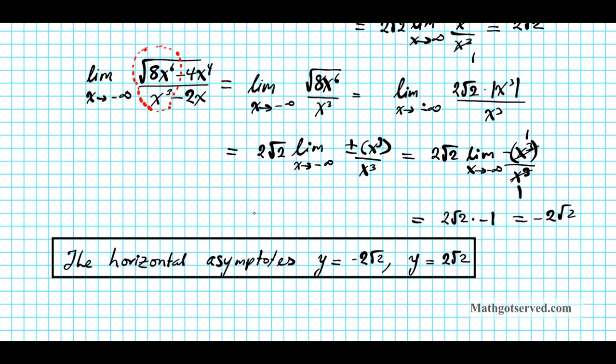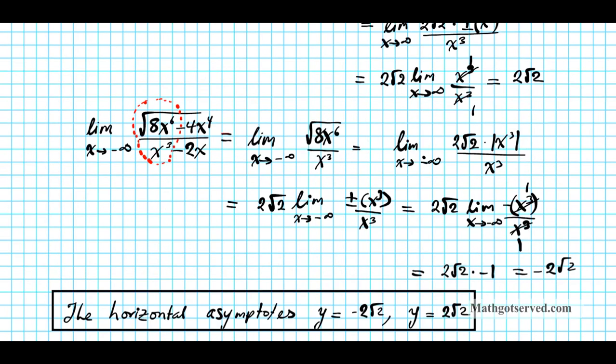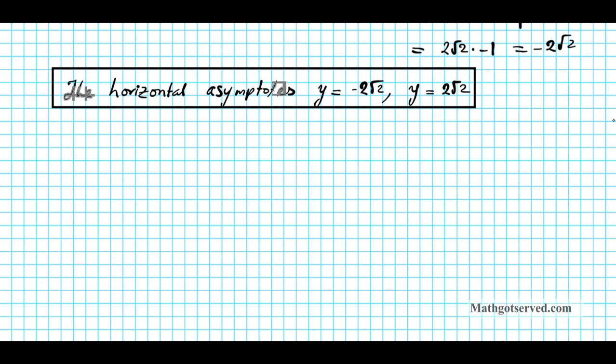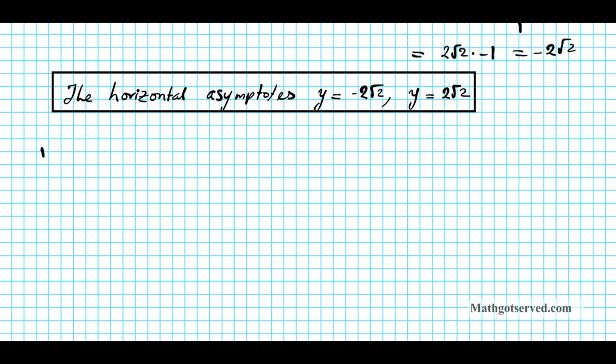are our infinite discontinuities. Okay, so let's rewrite the problem. So what we're looking for now is the vertical asymptotes. What we're going to do is make sure we eliminate the removable discontinuities first before we start to look for our infinite discontinuities, which are our vertical asymptotes.